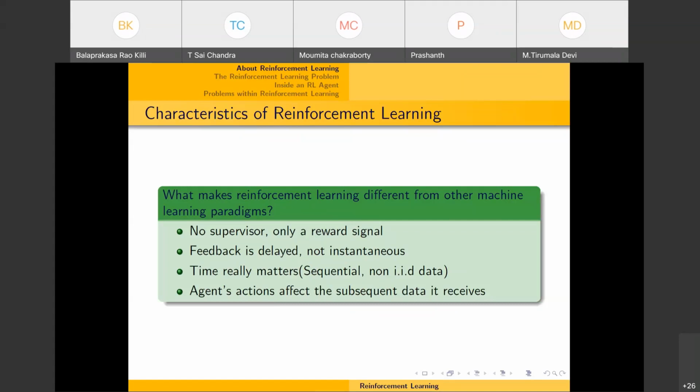There is no relation between the training samples. Okay, they are independent and identically distributed samples. So in supervised learning and unsupervised learning, the data inside the training set is IID, independent and identically distributed. But in reinforcement learning, the data is not independent. The data is related. Why is the data related?